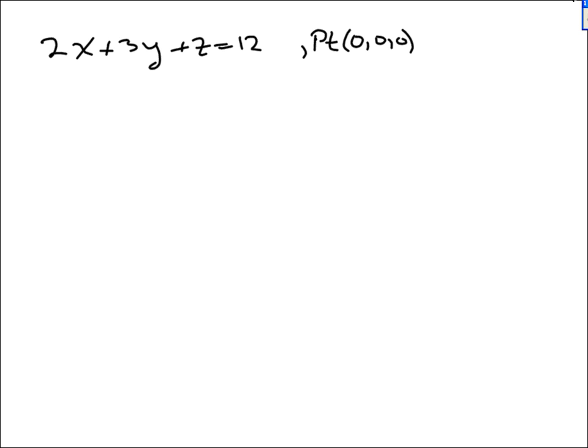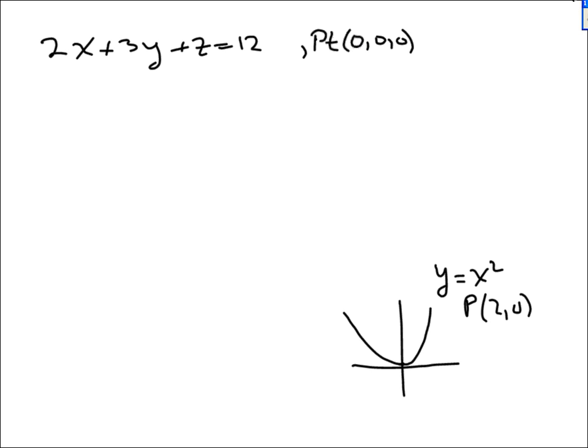In Calc 1, maybe you were given y is equal to x squared, which looks like this, and you were given a point, maybe 2, 0, this point right here, and you wanted to know the closest point to the curve. Well, you call that arbitrary point xy, and you computed the distance.